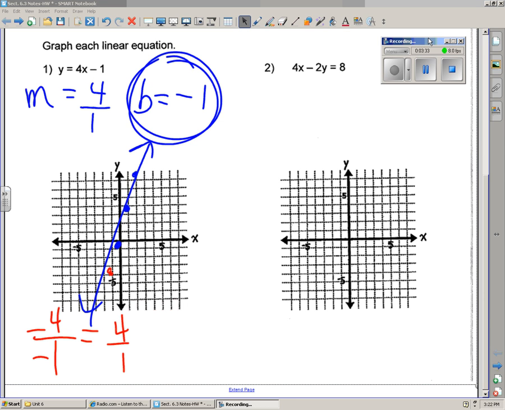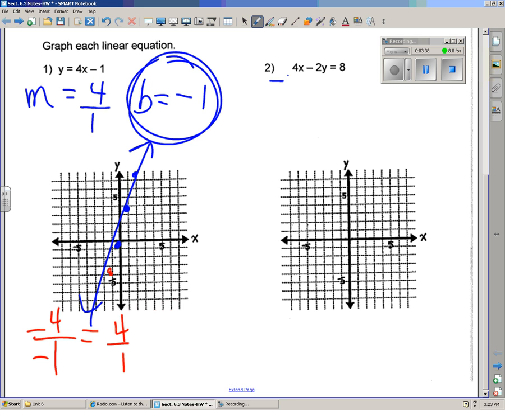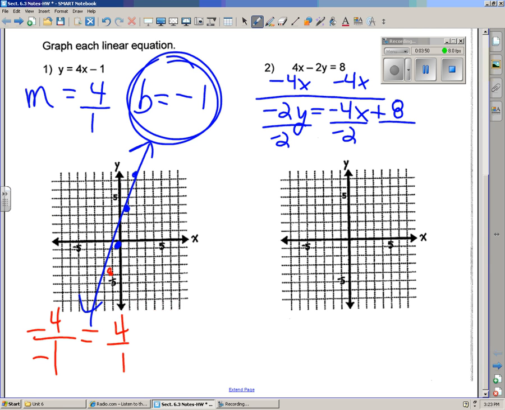The next equation is not in y equals, so you need to manipulate your equation to get to y equals. Subtract 4x on both sides: -2y equals -4x plus 8. Divide everything by -2, and you end up with the equation y equals positive 2x minus 4. So this is the equation that you're going to graph.